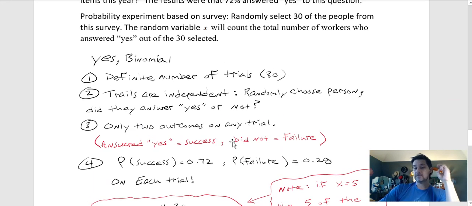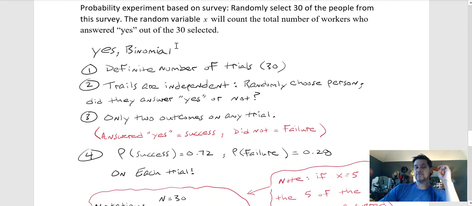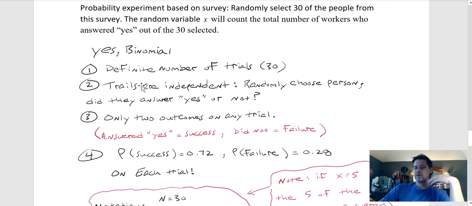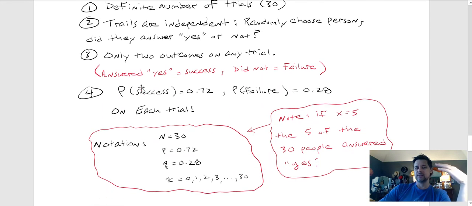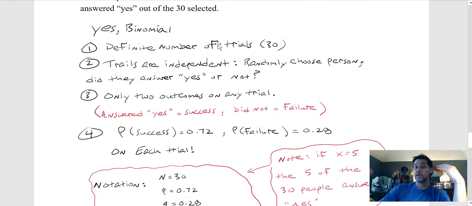I wanted to do two things with this one. I wanted to confront you with the situation and see if you could understand all my reasons for saying that it was a binomial experiment, okay? Now, one thing that I'm worried gets lost in all this is the nature of the experiment and the trials.